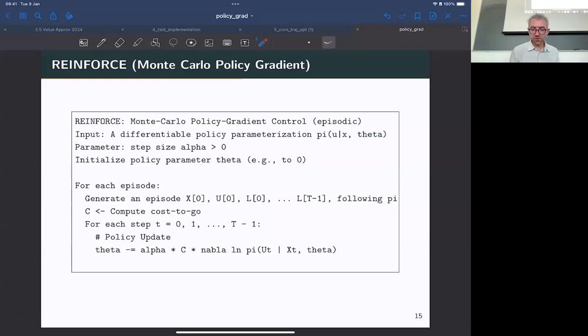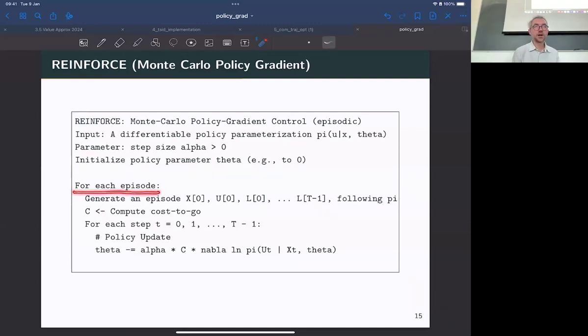So this is a pseudocode of Monte Carlo policy gradient, so REINFORCE. As input of the algorithm, you need a differentiable policy parametrization pi, parametrized by theta. And you need a value of the step size alpha, which is greater than 0. You initialize the policy parameter theta to whatever value you want. You can, for instance, initialize them to 0.